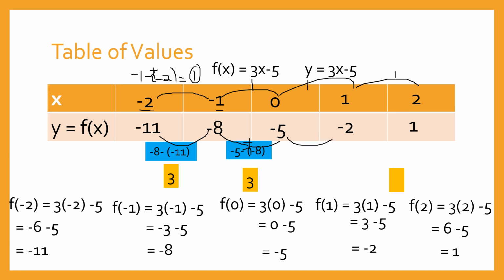How about here? Negative 2 minus negative 5, change the sign of the subtrahend, so it becomes negative 2 plus 5, that is equal to 3. And the last one, 1 minus negative 2, change the sign of the subtrahend, it becomes addition. So 1 plus 2 is equal to 3.